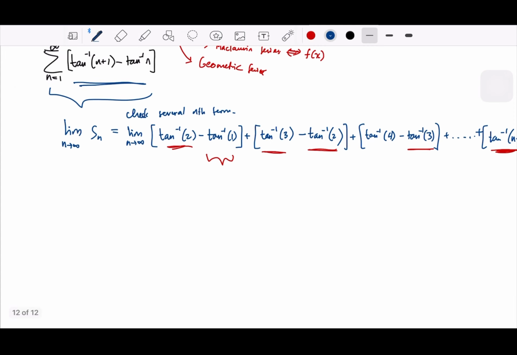So we can take the limit, and then take the tangent inverse n plus 1 minus tangent inverse 1.